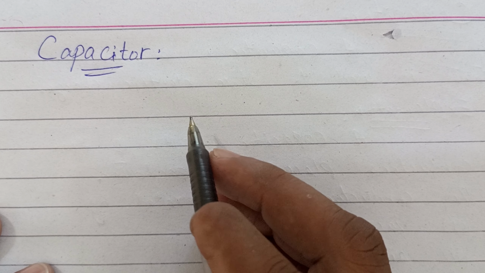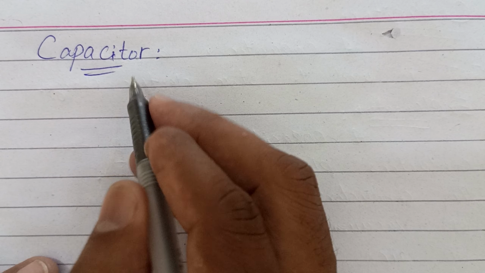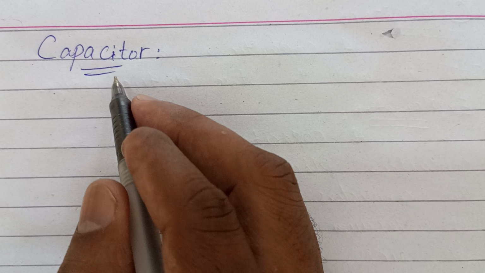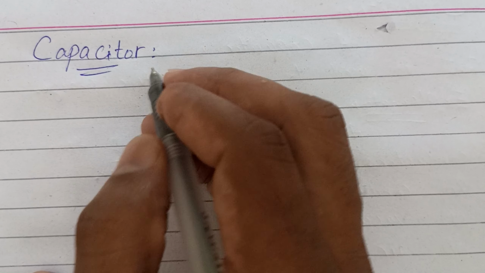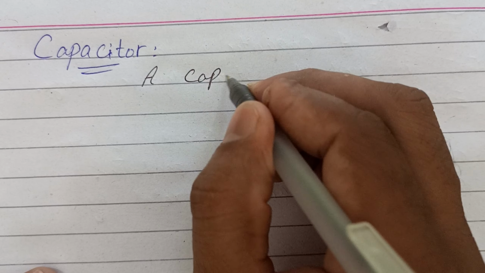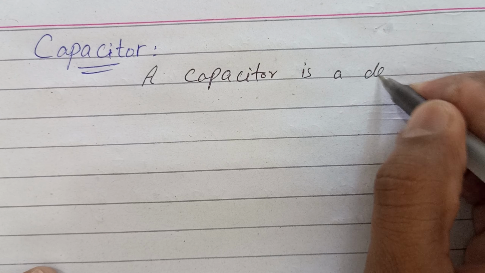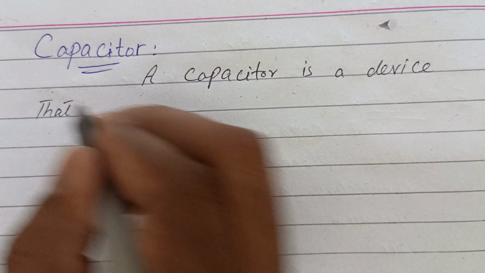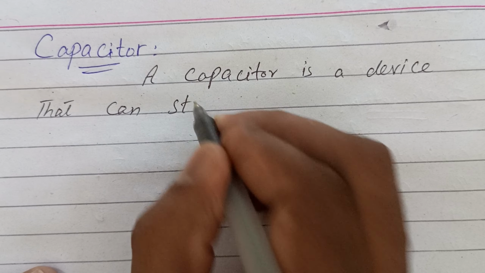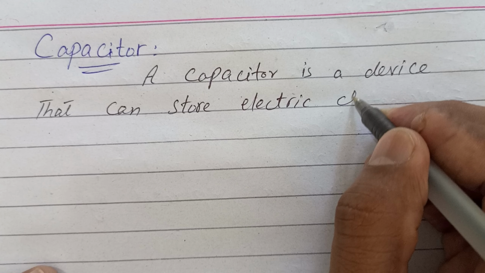In this lecture, we shall give an introduction about capacitor. First of all, I shall define capacitor and then I shall explain it. The definition of capacitor is that a capacitor is a device that can store electric charge.